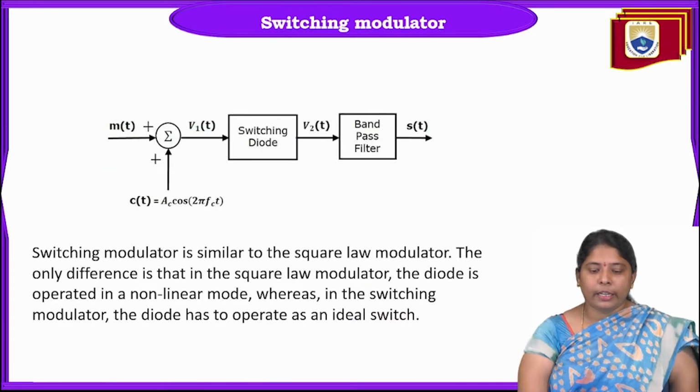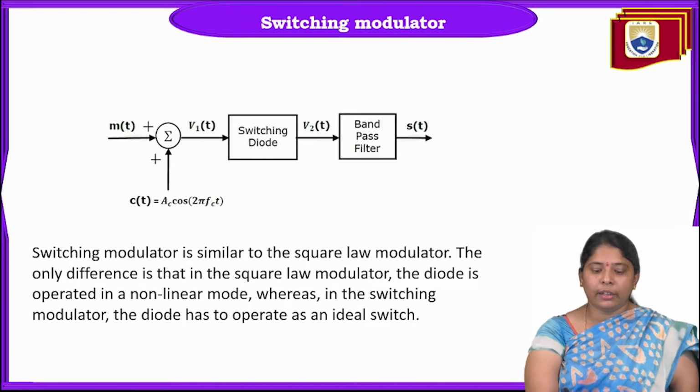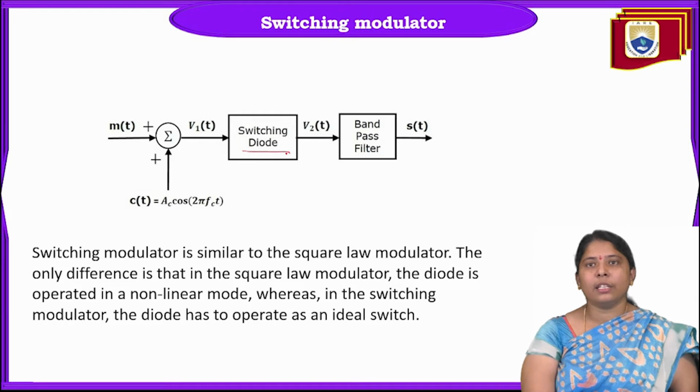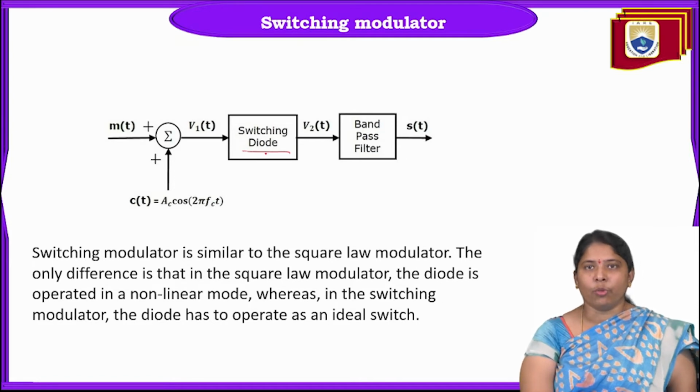And the second modulator is the switching modulator. The difference between the earlier modulator and this one is that earlier the diode or nonlinear device was used as a squaring device. Here the device acts like a switch, in on and off mode.